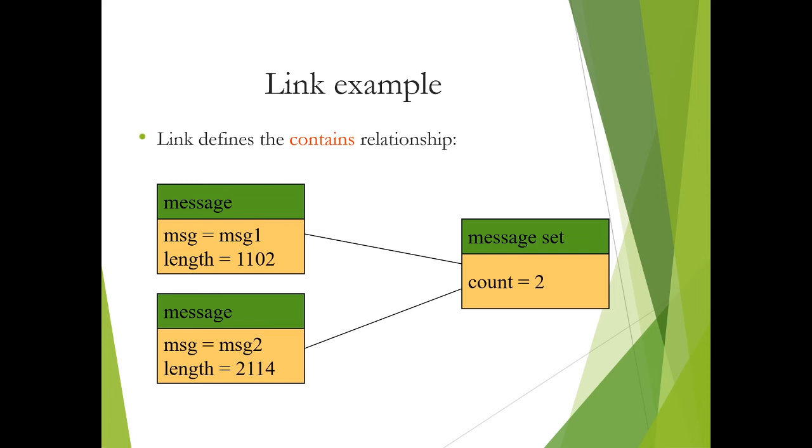So this is an example of a link: we have a message set, which is a bunch of messages, that is, we have a link from the message set to the particular message. The diagram shows that we had two message sets in the system. They are each associated, that is, they have links with their own messages.